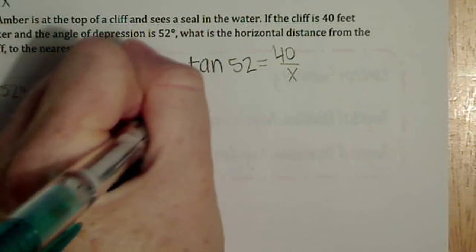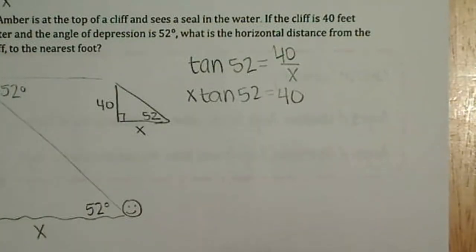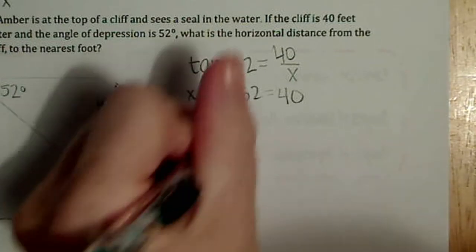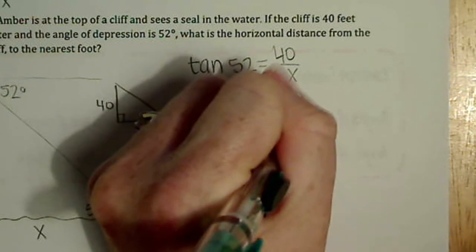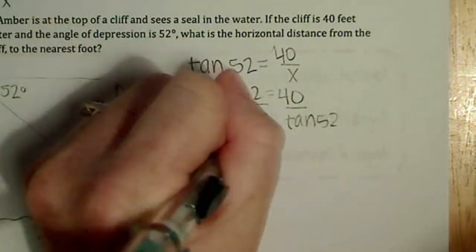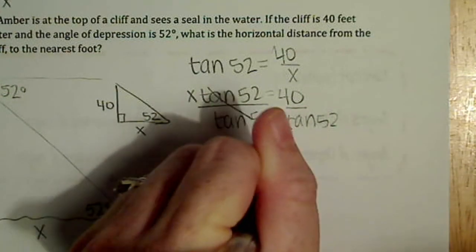Same kind of thing we did in the last chapter. Multiply both sides by x. X tan 52 equals 40. Divide by a tangent of 52. And x equals 40 divided by the tangent of 52.